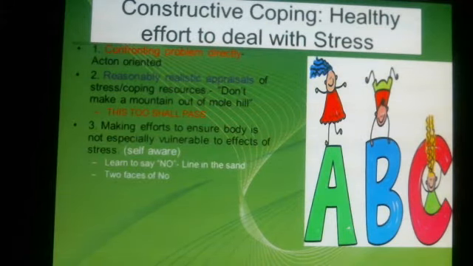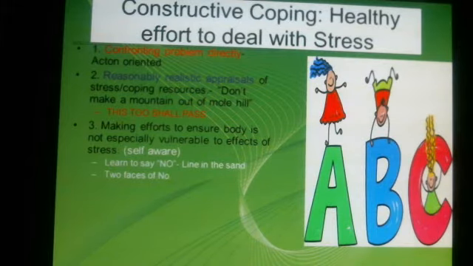Number 3, learn to become self-aware. Listen to your body. When you start to feel the effects of the stress building up, that's that alarm system going off. Learn to say no sometimes. That's a huge thing. I have a horrible time doing that. I will have somebody come up and ask me, well, do you want to be on this committee, or you want to help us out here? I'm a mayor of a city.